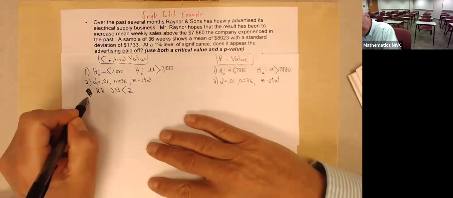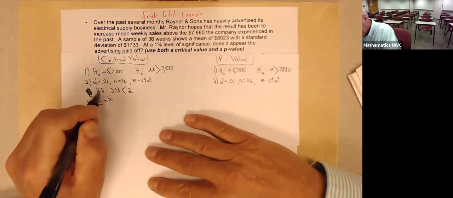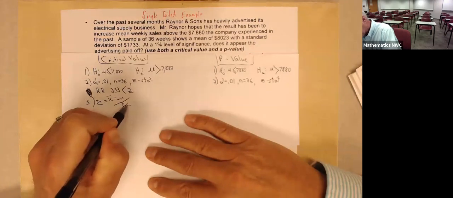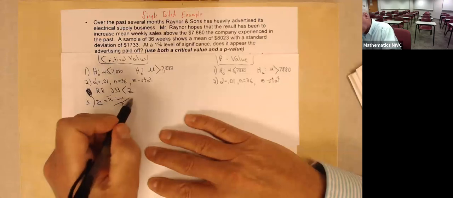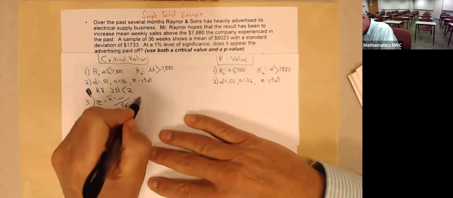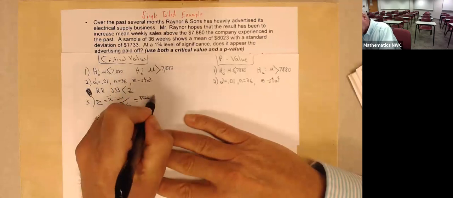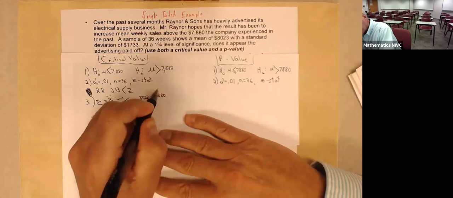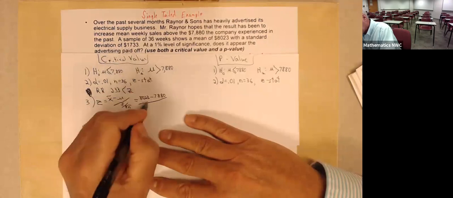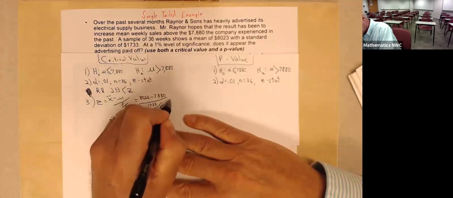That's what's actually going on here. So now, step number 3. I calculate my z. Again, it's the mean from the sample minus our hypothesized mean, divided by the standard deviation over the square root of n. The sample mean was 8,023, minus my hypothesized mean, 7,880, divided by the standard deviation, which was 1733, divided by the square root of 36.